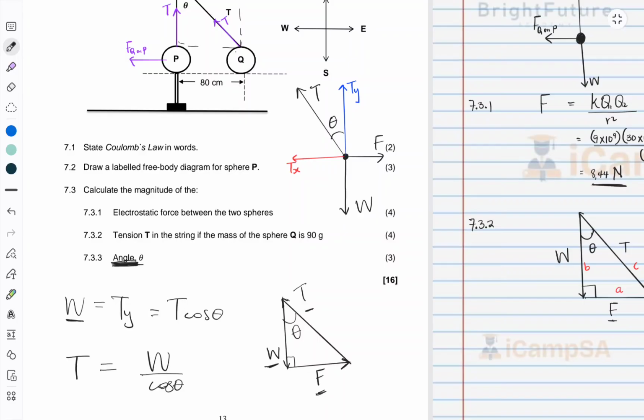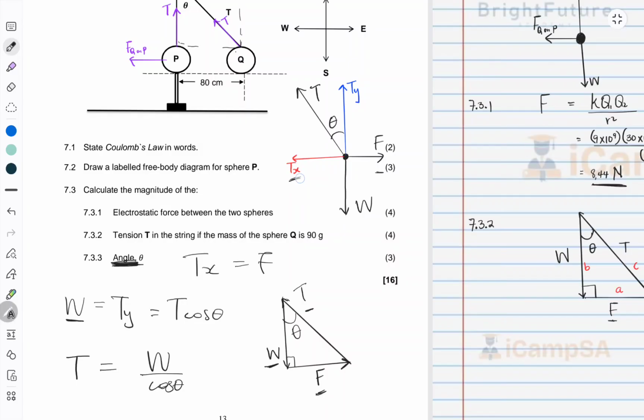Or you can use Tx, whichever way, right? Because you already knew F. You can use whichever way will be quicker for you. You can say Tx is equal to F, because this thing is in equilibrium. It means forces are balanced in every direction. So along the x-axis, forces are equal. Along the y-axis, forces are equal.